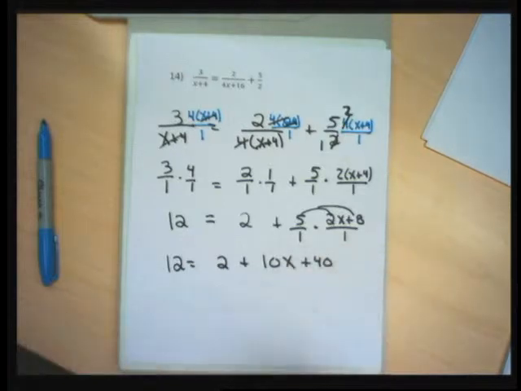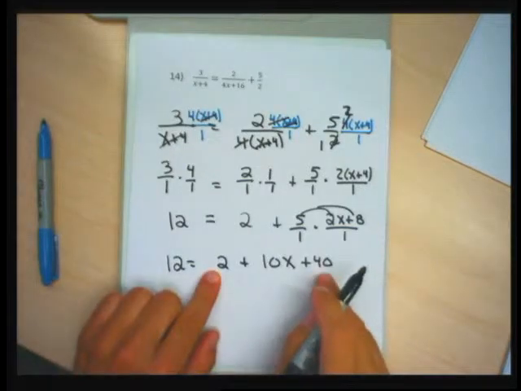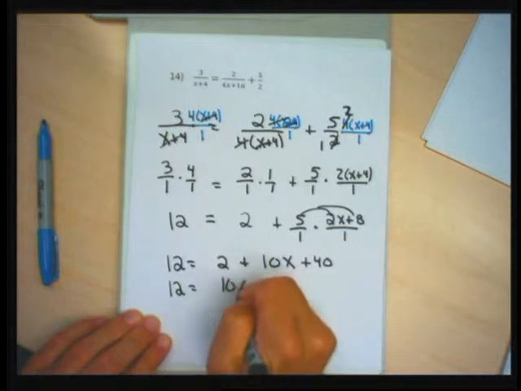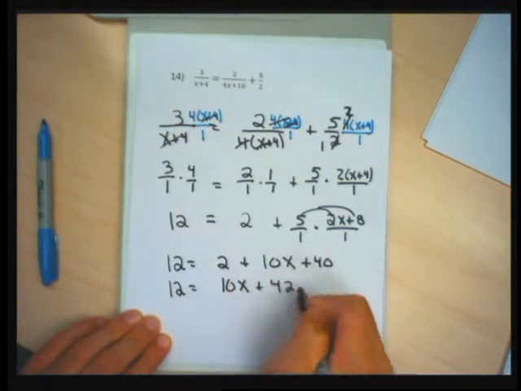And the nice thing is if you make a mistake, it'll pop out when you're checking. So I believe I haven't made any mistakes, but like I said, if I have made a mistake and I check, it's going to show up, because you won't get a correct answer if you made a mistake. So now I'm going to combine the 40 and the 2 on this side and get 12 equals 10x plus 42.